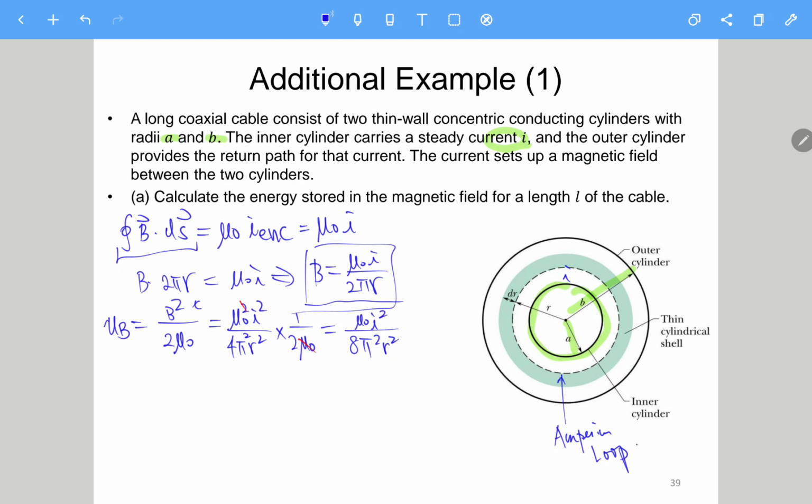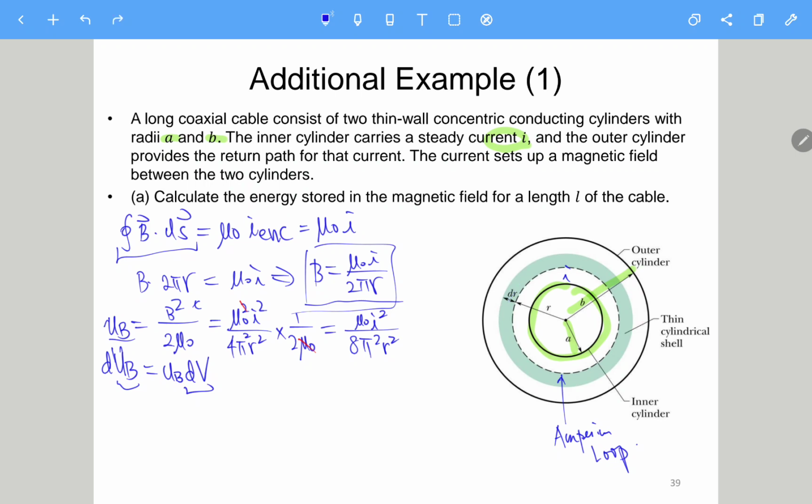Then we would like to calculate dU_B. This is a capital U, meaning the energy rather than the energy density. So this is u_B times dV, the small volume around here, which is actually this ring.